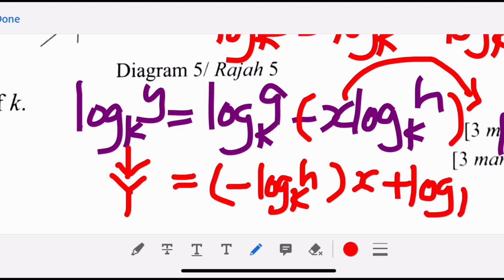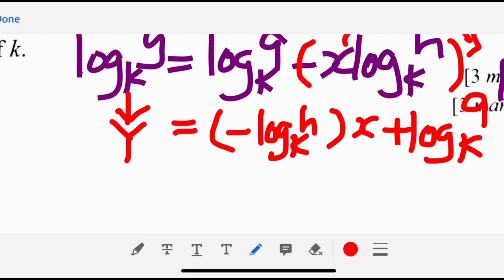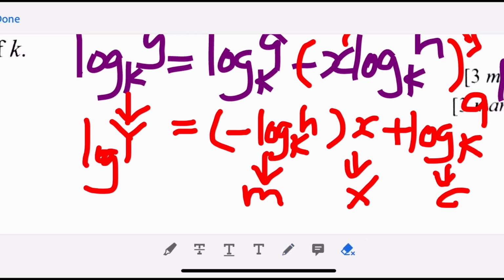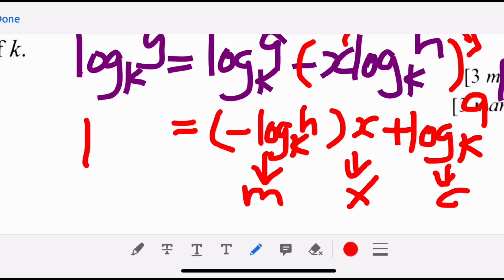The balance, negative log kh, is the constant we call the gradient, inclusive of the negative. So negative log base kh is the gradient, and the small x is the big X, and the c is log base k 9. So the big Y is log k of the small y.